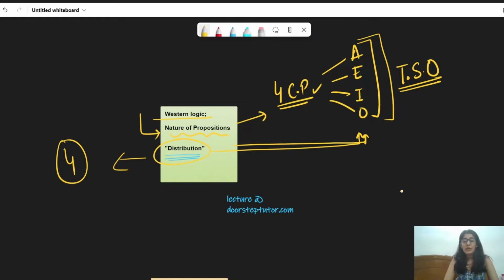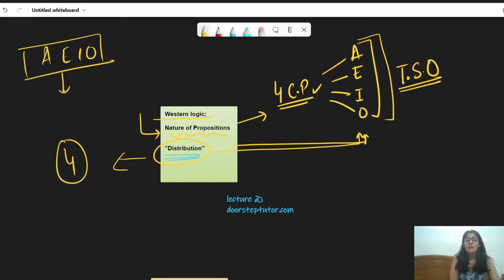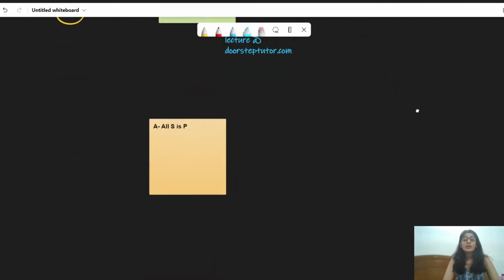That is why I was saying earlier in the lectures that it is imperative that you have a thorough understanding of the basics of logic, because with these four propositions only we started, and with these only we will end. We'll simply go on adding more to these. Like in today's lecture, we're going to discuss a new bit about distribution. So this is about it.